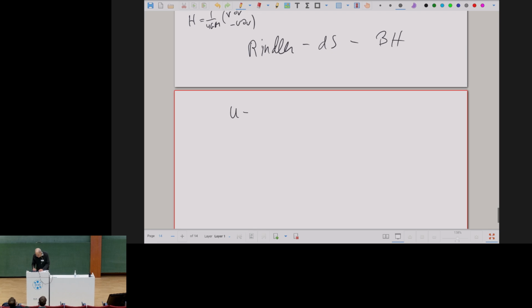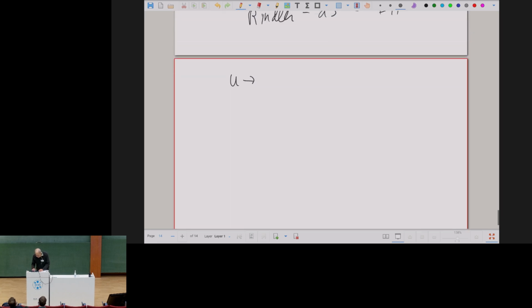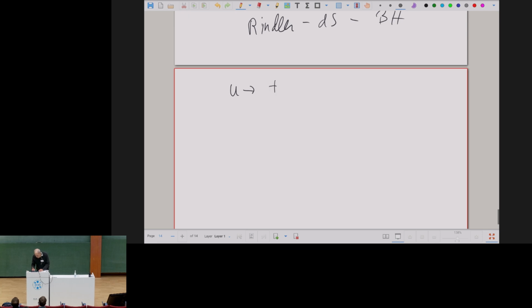I don't remember what's a convenient function, but an example of a function that would do would be to replace U and V by tanh U and tanh V, which run over finite ranges. And then, if you use those coordinates, the Penrose diagram looks like this.